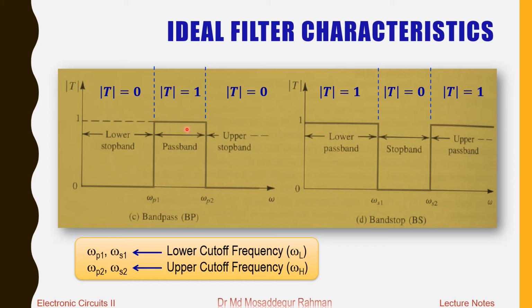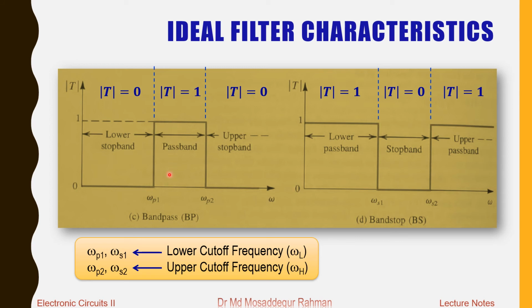As you move from pass band to stop band, there is a sharp, abrupt transition. It moves abruptly from 100% transmission to zero transmission, and from stop band to pass band, it moves abruptly from zero transmission to 100%.